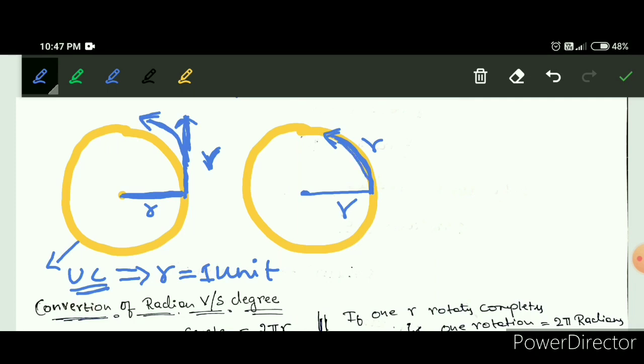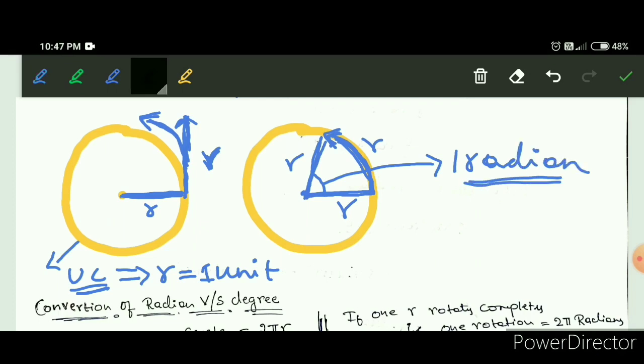Then I join the other end of the arc to the center, and this is also r. So from this r we get this bent arc r, and by joining we get some angle. This angle is said to be 1 radian.